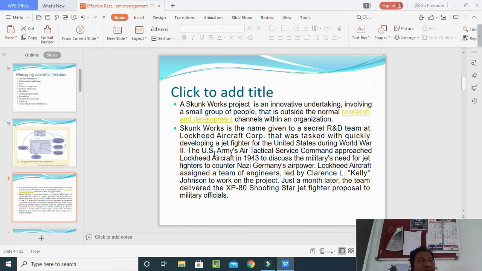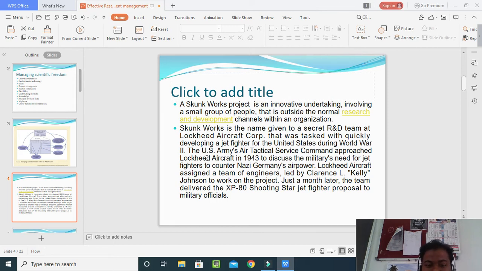They started manufacturing the jet fighter against the United States for the war. Within 143 days, less than 6 months, they manufactured this project and utilized it against the USA. All the process that took place under this project is known as the skunk work project. Nowadays this approach is utilized in every company for launching a new product or new feature within a short span of time.